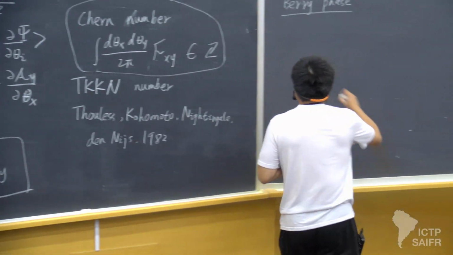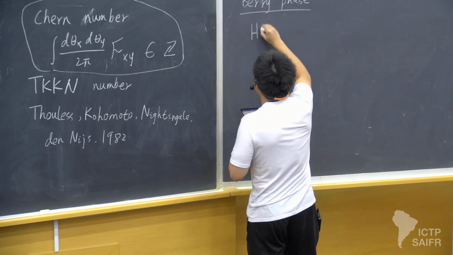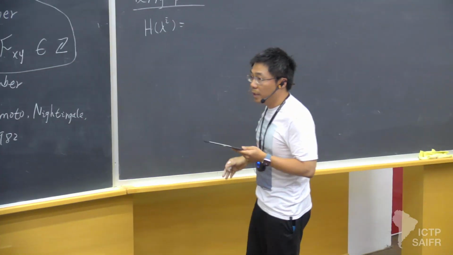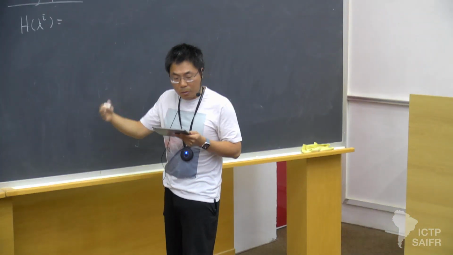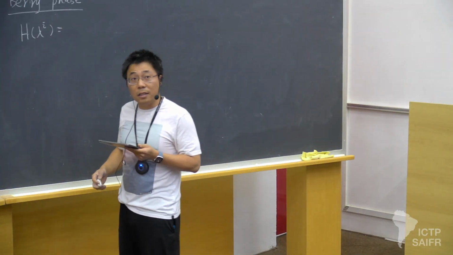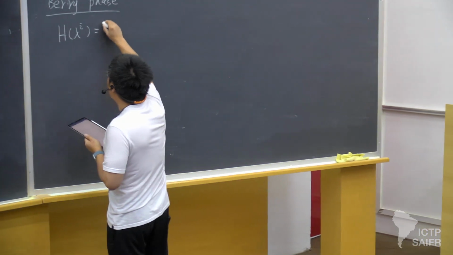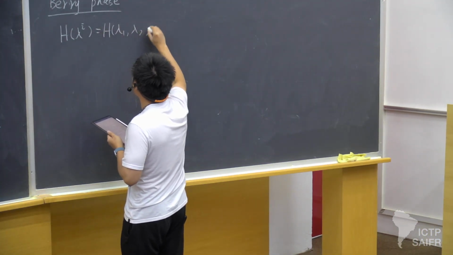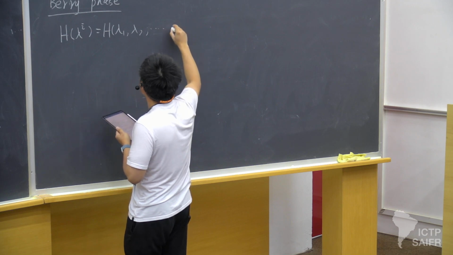It's the same. In general, let's say we have a Hamiltonian that depends on some parameters, like the phi x and phi y here. It will depend on lambda 1, lambda 2, and so on.